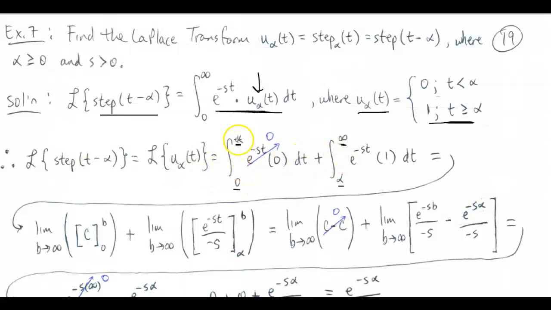So in this particular situation, we know that for values of t that are less than alpha, our unit step function is going to be 0. And for values of t that are greater than or equal to alpha, we're going to have a value of 1 there. Now, we know that 0 times anything is 0, and if we take the antiderivative of 0, that's going to be a constant.